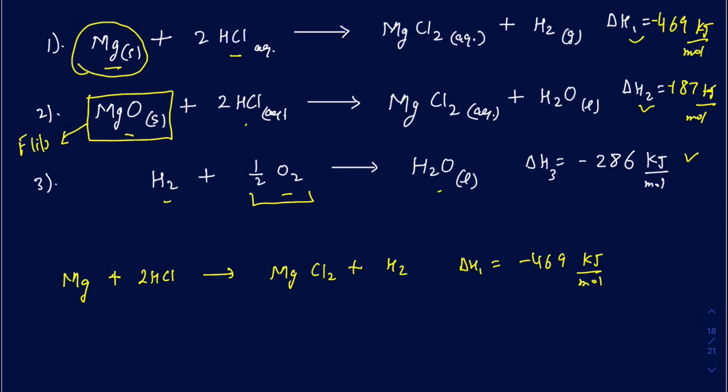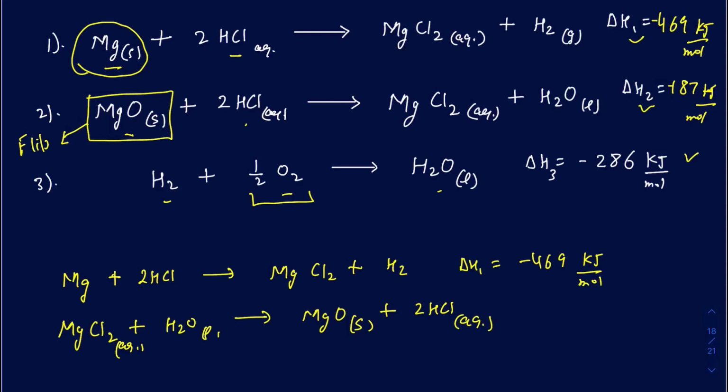The second reaction needs to be flipped, which means your products become reactants and your reactants become products. So I would have magnesium chloride plus H2O liquid, and that goes on to make magnesium oxide solid plus 2 HCl aqueous.